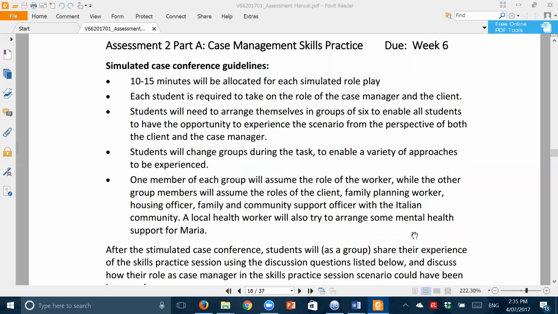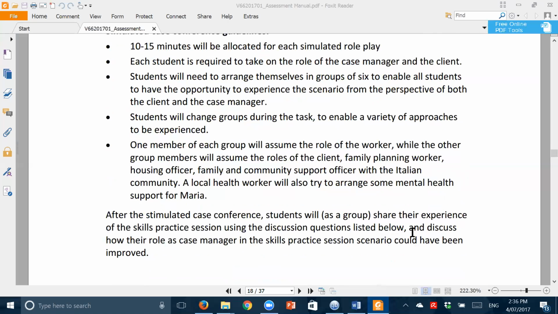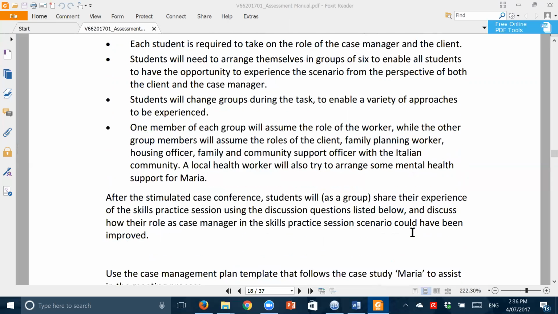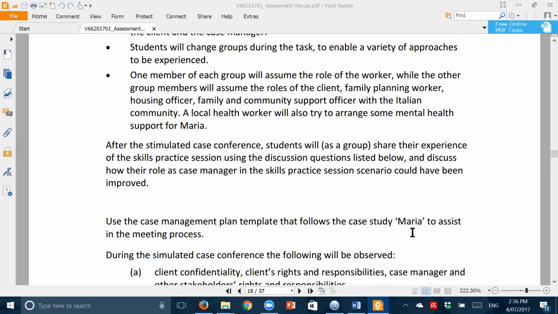After the simulated case conference, students will, as a group, share their experience of the skills practice session using the discussion questions listed below, and discuss how their role as a case manager in the skills case session scenario could have been improved. Use the case management plan template that follows the case study, Maria, to assist in the meeting process.